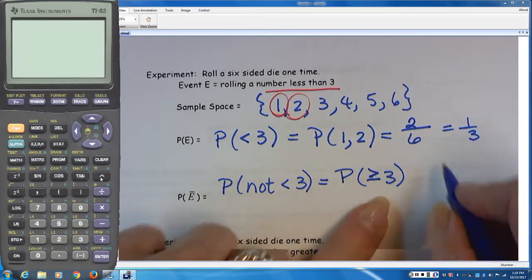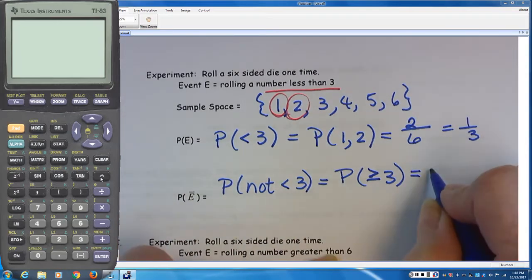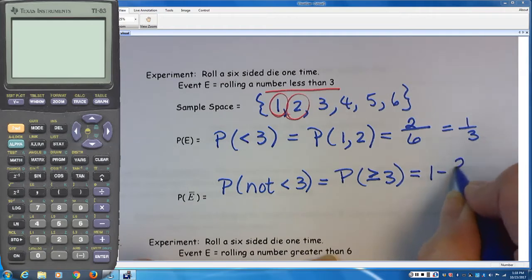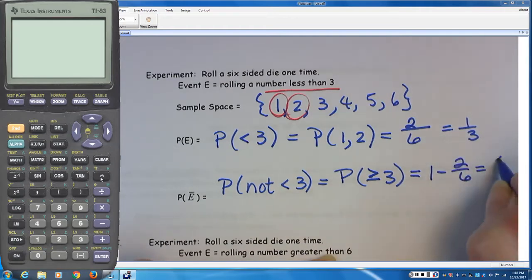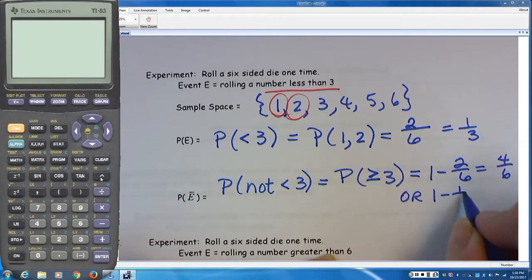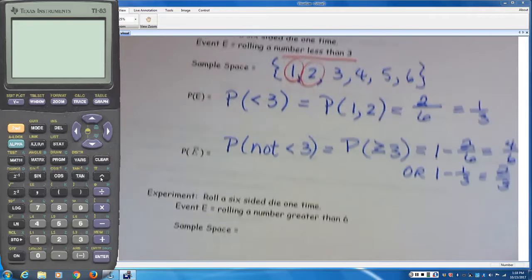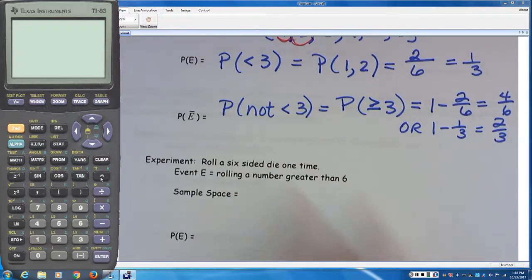So it's probability equal to or greater than 3, and that would be these other 4 numbers. And either one of those 2 expressions would be fine. Okay?